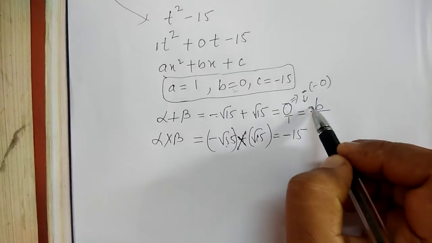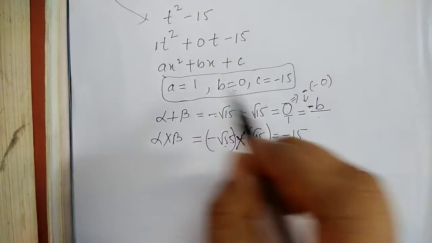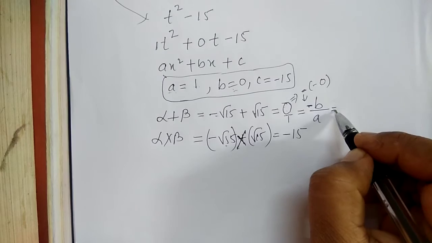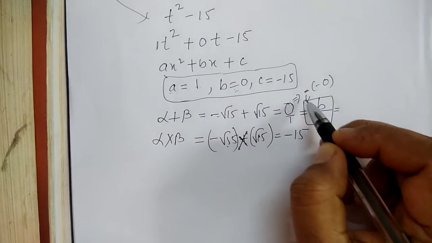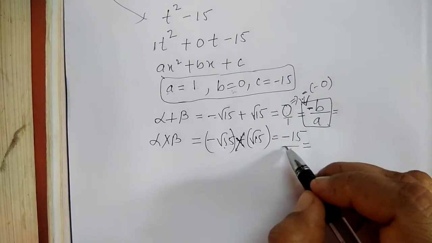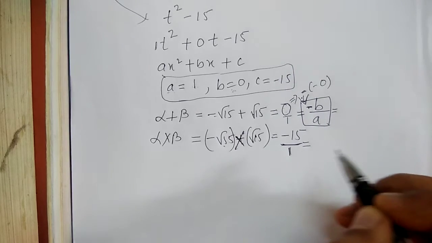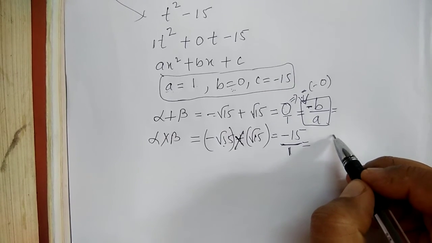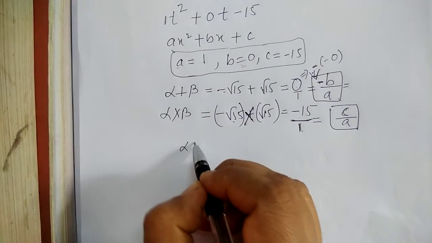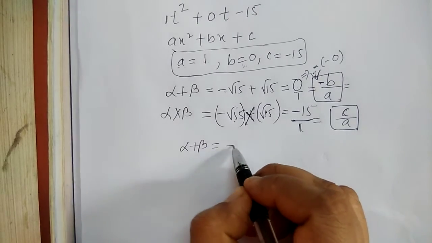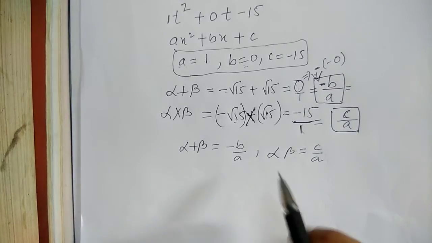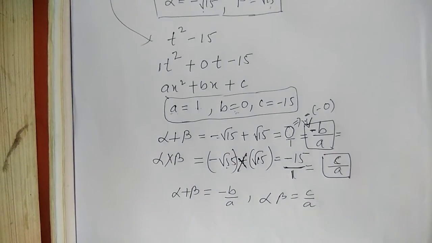So here this minus sign will come, minus b by 1, and 1 is a's value. Then you got here minus b by a. And here minus 15 by 1, if no number, here we have to write 1. Minus 15 is c's value and 1 is a's value, c by a. So here again we got alpha plus beta equals minus b by a and alpha into beta equals c by a. Okay, this topic is very important.